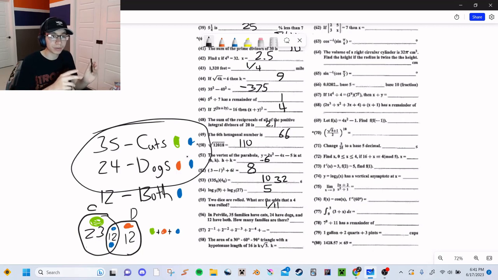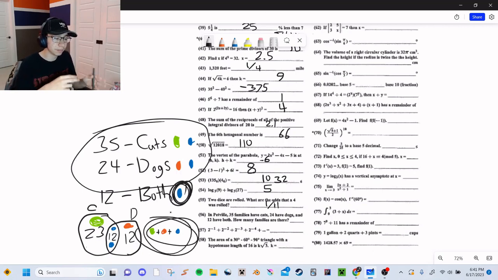But what I want is 1 green, 1 orange, and 1 blue. So that section where I have both cats and dogs is overrepresented. So I have to subtract the amount that have both. That's why I subtract this extra section, leaving me with the sum of the families that have only cats, only dogs, and both cats and dogs.